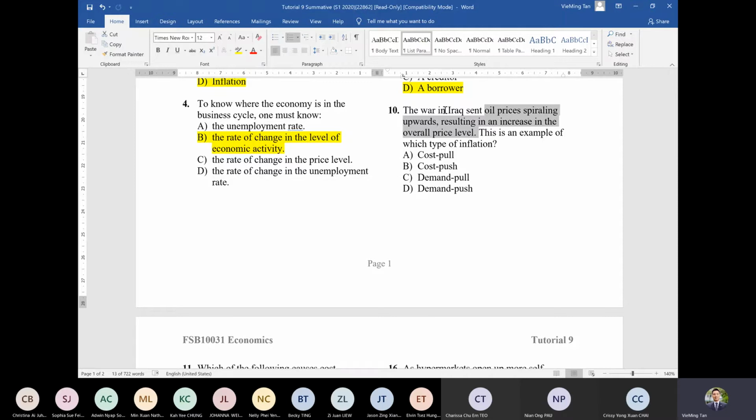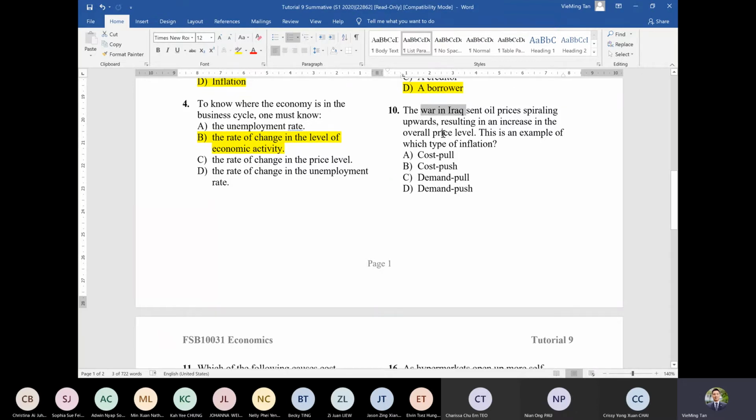The petroleum production will reduce during the war in Iraq. So when the production for petroleum is reducing, the aggregate supply of oil in Iraq will reduce. So if aggregate supply of oil is reducing, this will increase the price of oil in general.